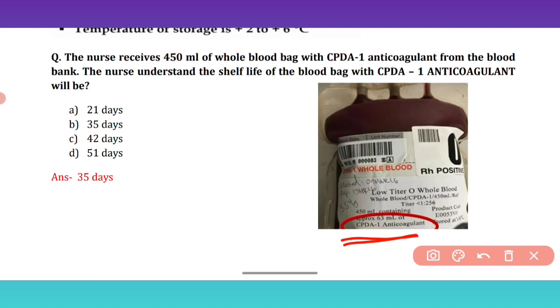So this whole blood can be stored without any clotting for how many days? 35 days. In case I am using only CPD, CP2D, 21 days will be the right answer. If I am using additives like AS1, AS3, then 42 days is the right answer. And for this question, 35 days is the right answer.